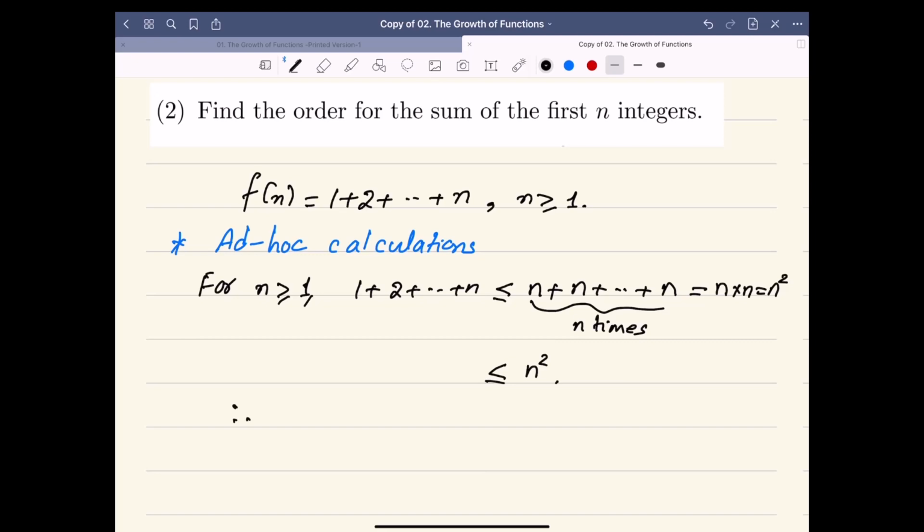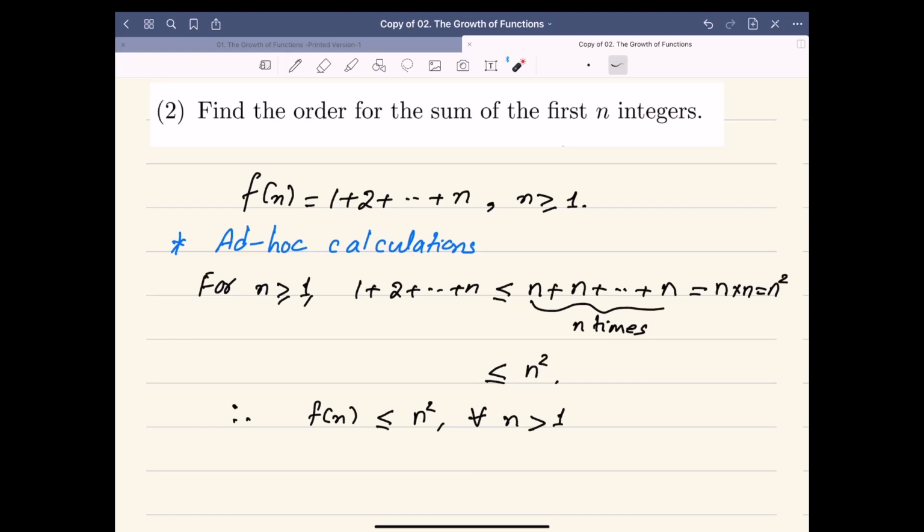So we can say that f of n is less than or equal to n squared for all n, and now I will change and say for all n greater than 1. Because if the relation holds for n greater than or equal to 1, it should hold for 2, 3, etc. So no harm, it will not change the result if I ignore equal here.